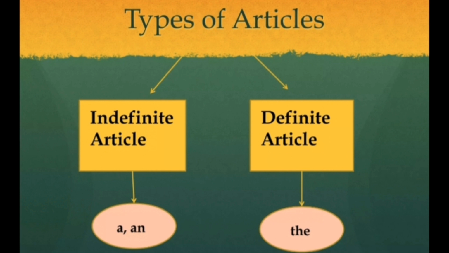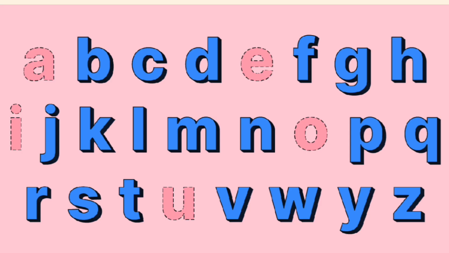First, let us discuss indefinite articles a and an. You know, a is used before words that begin with a consonant sound. In English, except A, E, I, O, U, the remaining letters are all consonant sounds.